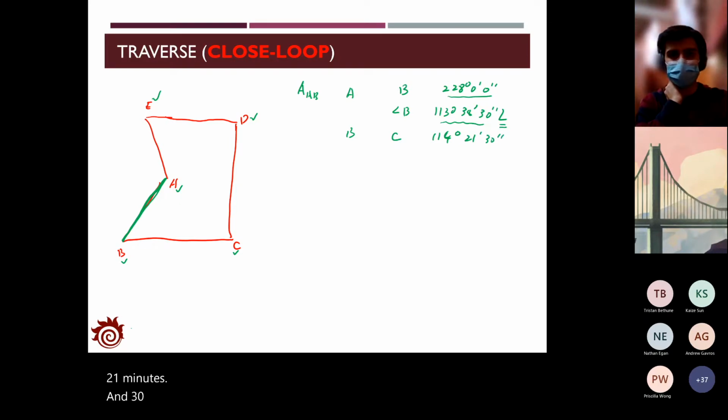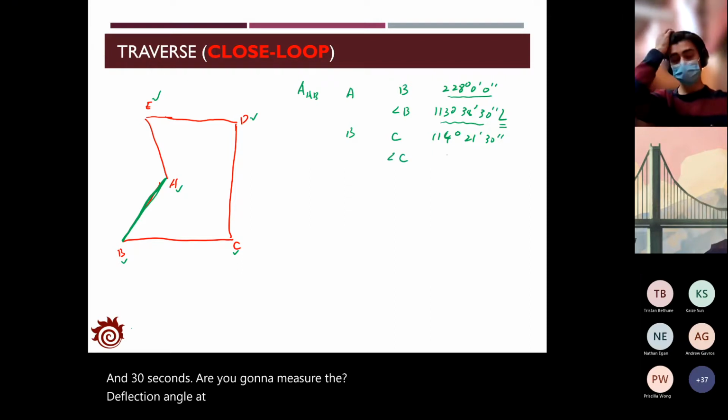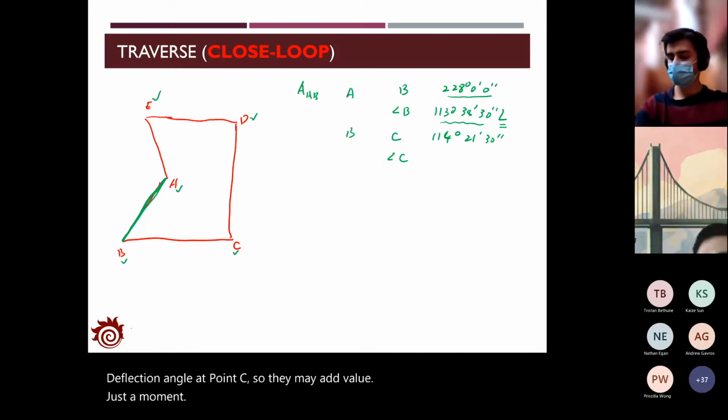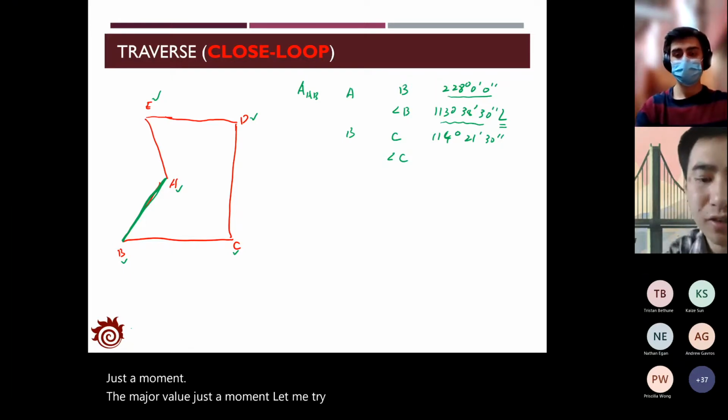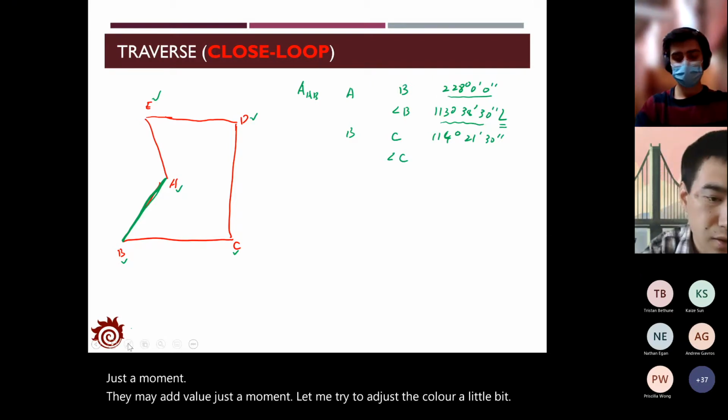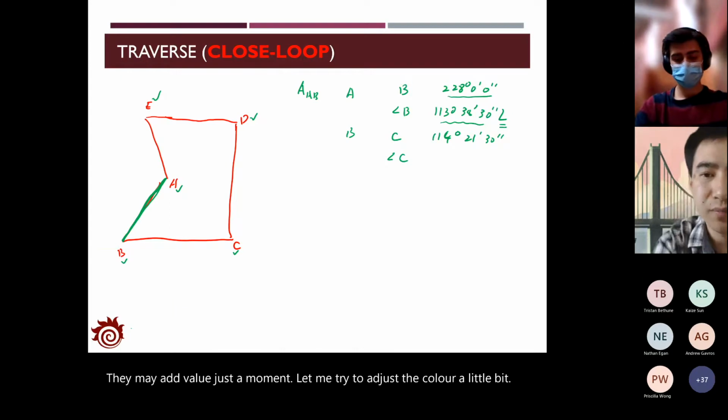You're going to measure the deflection angle at point C. So the measured value. Just a moment. Let me try to adjust the color a little bit. Okay.